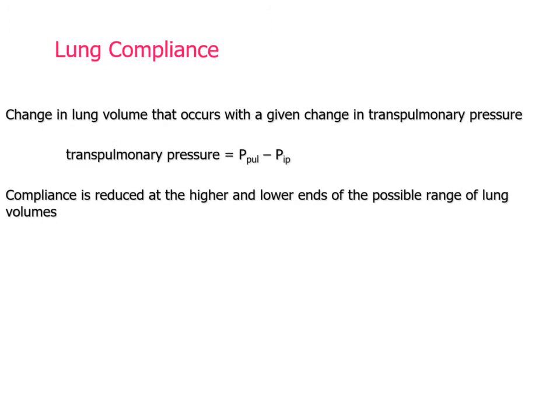When you look at lung compliance, you should understand that the more change in lung volume that occurs with a given change in transpulmonary pressure, the higher the compliance. If there's less of a change in lung volume, then the lungs are less compliant. Compliance typically is reduced at the extreme ends of the possible overall range of lung volumes.